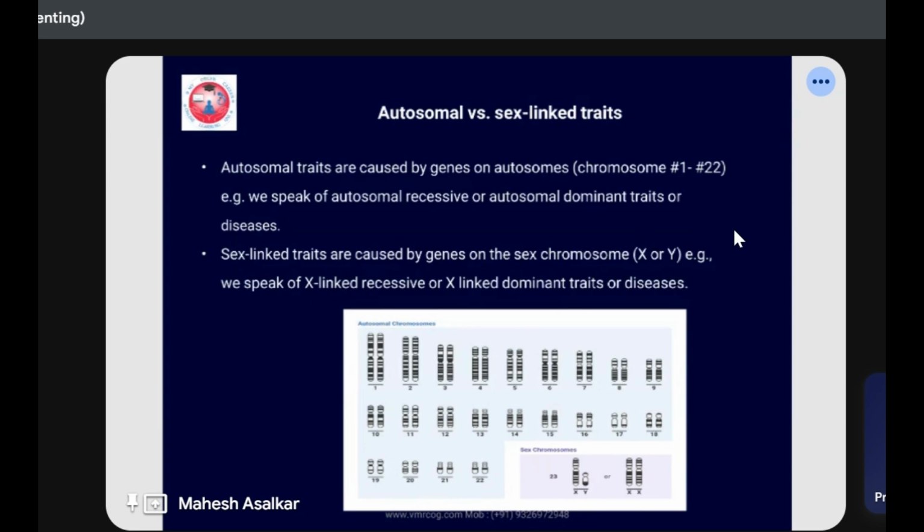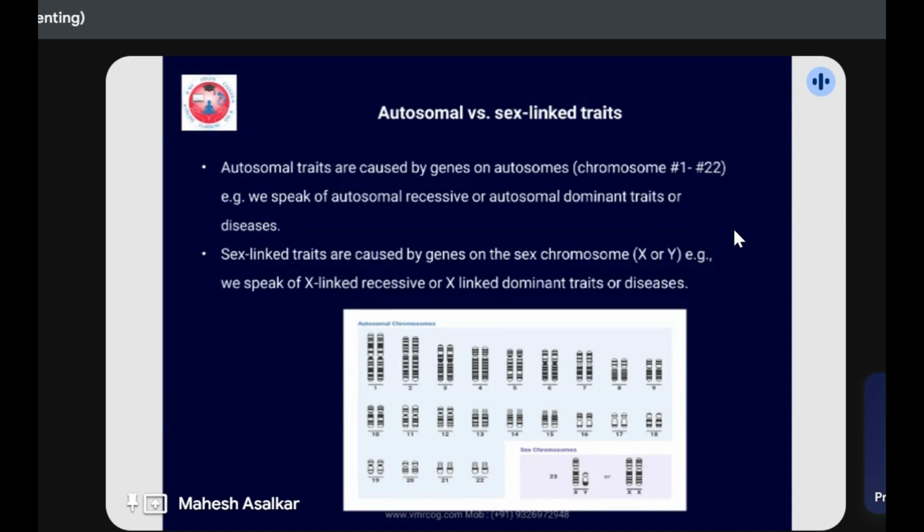And sex-linked traits are caused by genes on the sex chromosome X or Y. When we speak of X-linked recessive or X-linked dominant traits or diseases, we are talking about the sex chromosomes X and Y. Below is a figure. There are 23 pairs, and 22 autosomes are there.